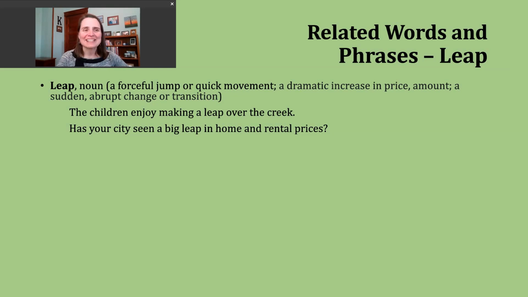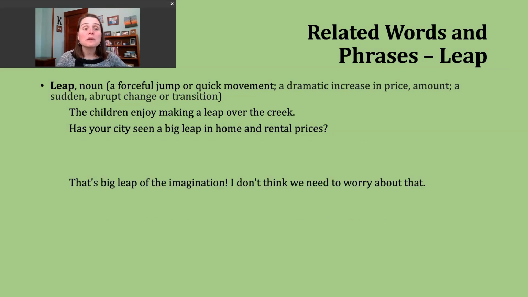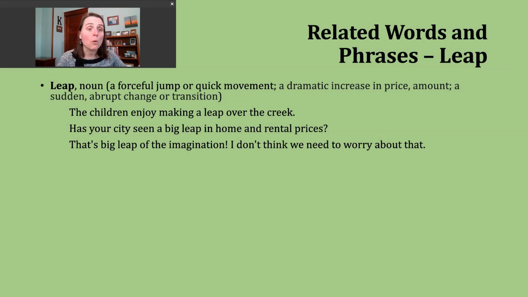A third way to use the noun leap is to refer to a sudden or an abrupt, kind of without warning type of change or transition. An example of that might be, that's a big leap of the imagination. I don't think we need to worry about that, right? So here maybe people are talking about, well, if this happens, then this, right?